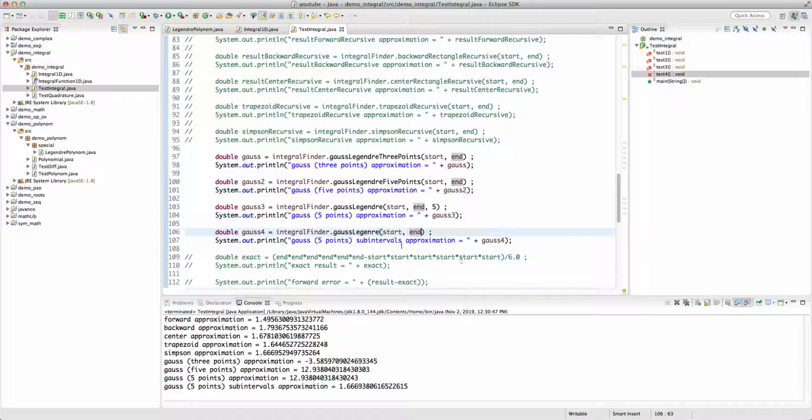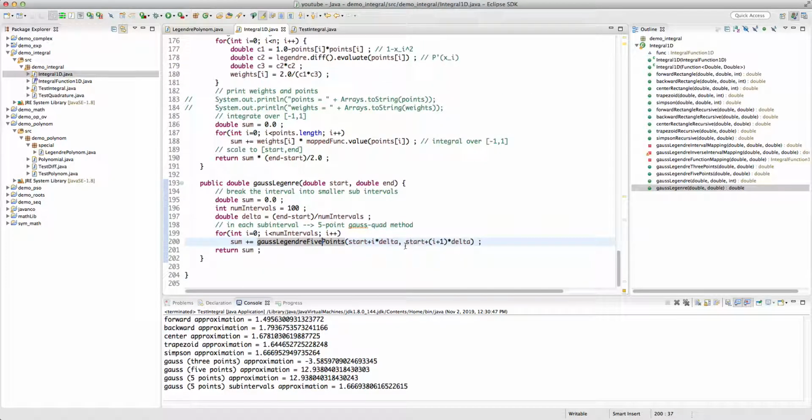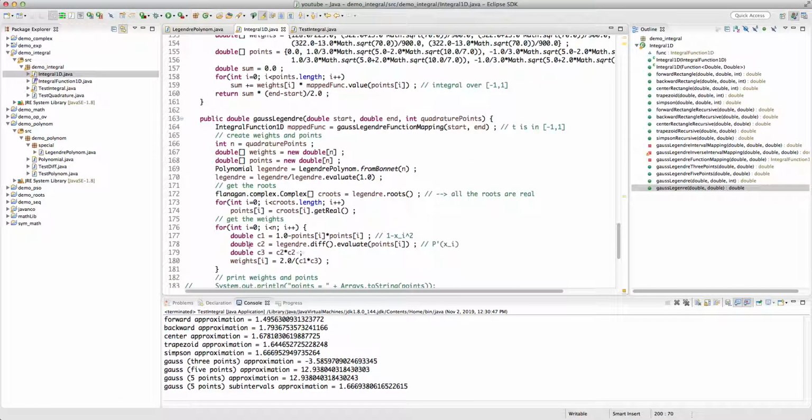So basically if I go here, instead of having a 5 point, if I call the Gauss-Legendre with, let's say, 10 points, the problem here is that each time I'm calculating the points and weights again, which is not efficient at all.